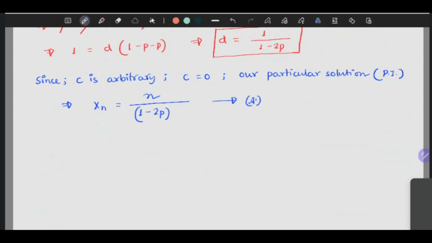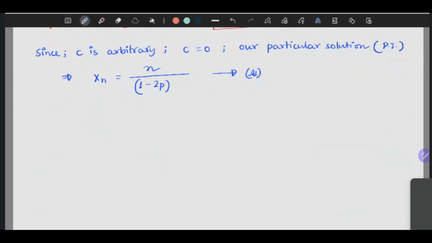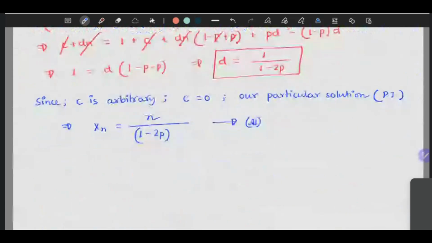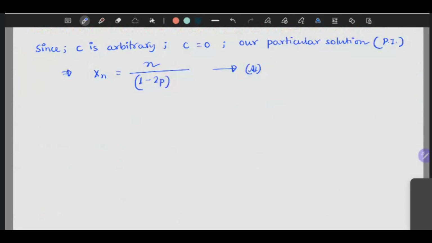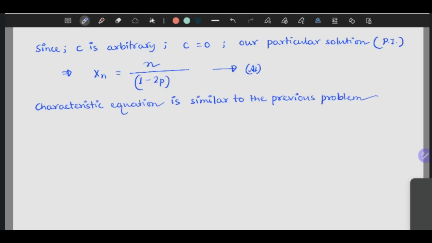Let's say this is equation number A1, and the characteristic equation of this was similar to the previous problem of Rn.